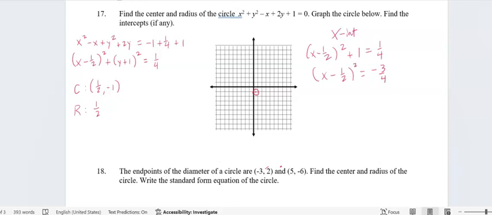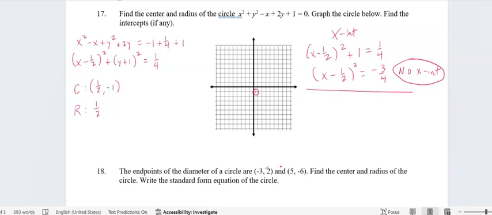And now I'm going to be doing the square root of both sides. Well, I will end up doing the square root of a negative number, which is not real. So if you're trying to find intercepts and you end up with i as a result, then that tells you that you do not have any of that particular intercept. So in this case, there are no x-intercepts.